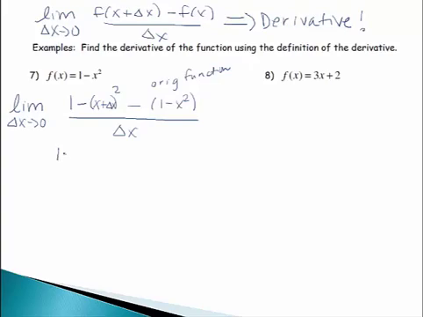And now I'm going to do the math. So 1 minus x plus delta x is just like x plus delta x times x plus delta x. Remember, that's what it means to square something. Minus, now I have to subtract both of these.